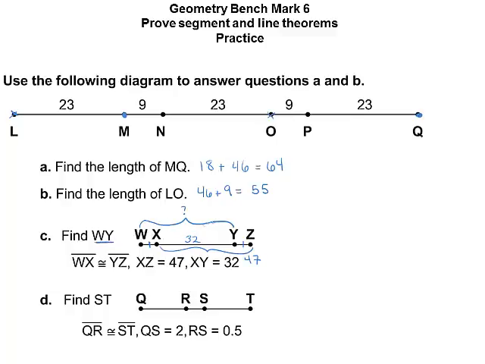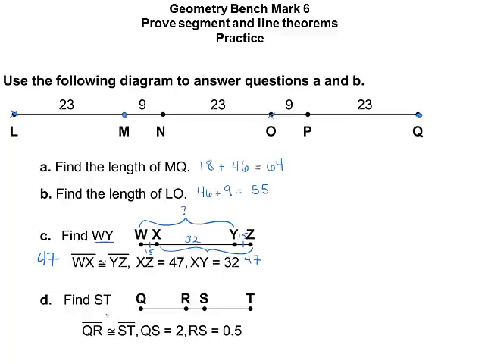WY is going to be the same as XZ, so WY is just 47. I don't actually have to do any math on that one. If I was looking for WX, I would say 47 minus 32, which would give me the lengths of these little pieces, which would be 15 each.